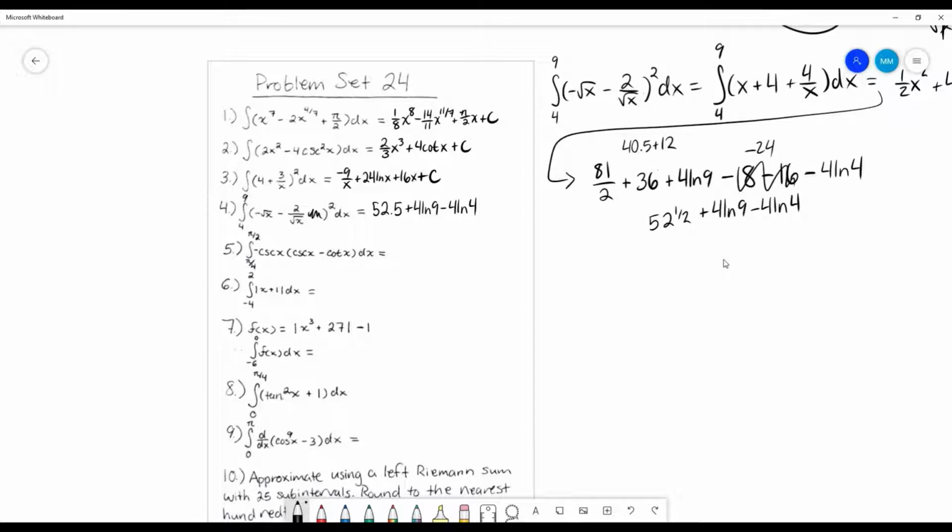Or, actually, I could technically simplify that by combining these natural logs, because remember, subtracting a natural log is the same thing as dividing their insides.